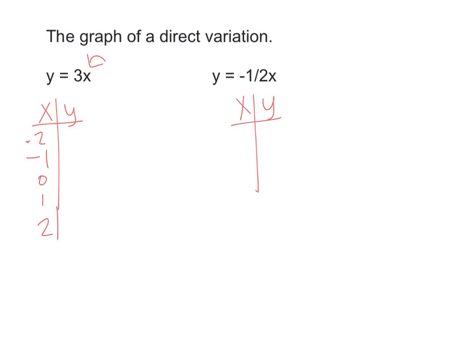So I'm going to start with plugging in -2. So 3 times -2 is -6. Now I'm going to plug in -1. 3 times -1 is -3. Then 0, 3 times 0 is 0. Then 1, 3 times 1 is 3. Then 2, 3 times 2 is 6. And once I have my ordered pairs, I'm going to plot those in a coordinate plane.